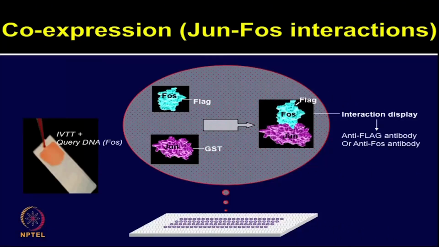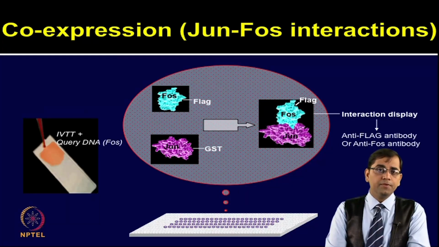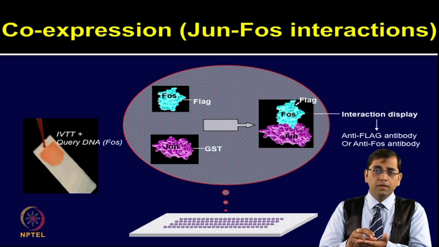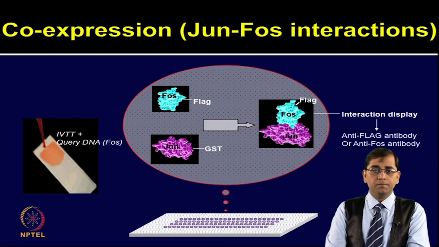Now, you want to study the interaction, and for that you have to purify a protein and use it as interactor. By using co-expression, now you can use protein specific antibody to identify the interaction, or you can use tag specific antibody to detect interactions. However, in this study authors used co-expression. It means the query protein along with the array proteins were expressed by using a cell-free expression system, so that there was no need to purify the query protein as well.